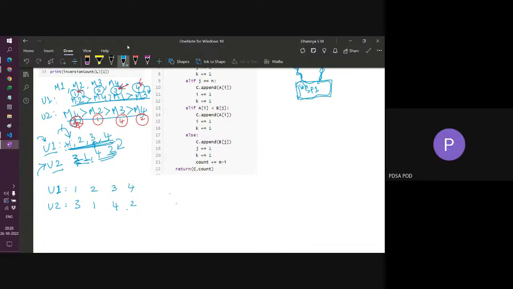Everyone agrees on that? Yes, only 3. Can someone list it? Somebody was listing it. I interrupted. 1, 3, 2, 4, 2, 3.